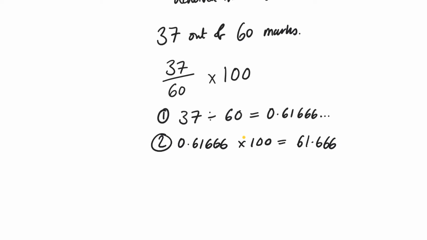Now, that number there is not your final number. What we do in biology is we round up to the nearest whole number when we're talking about percentages. So your final answer in this case, we've got 61.666, so we want to round up to 62%. So if you got 37 out of 60 in that test, you achieved 62% as your answer.